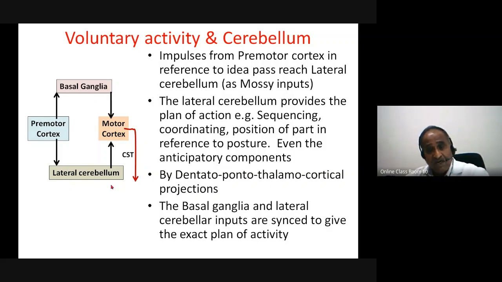They are all sequenced, one after another, and coordinated. That means it will start doing that flexion. Then the position required for that particular reference is also provided, and even sometimes the anticipatory components are also provided.